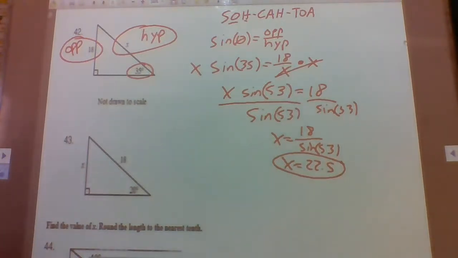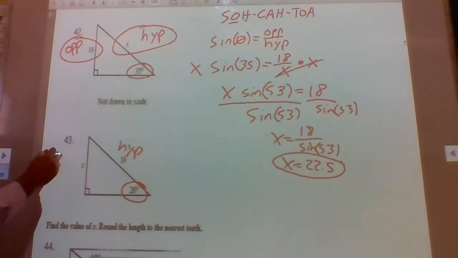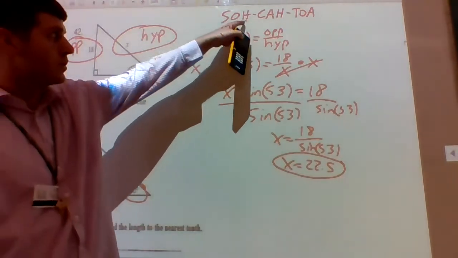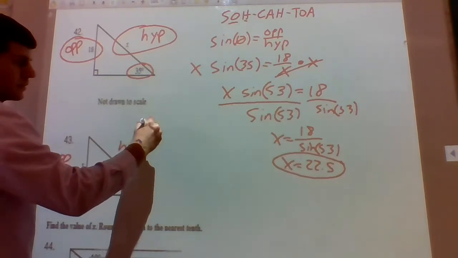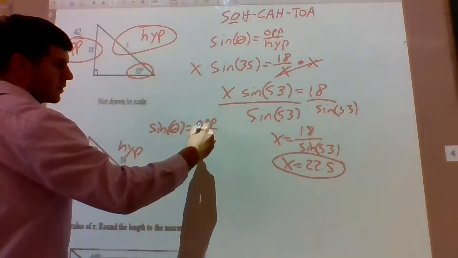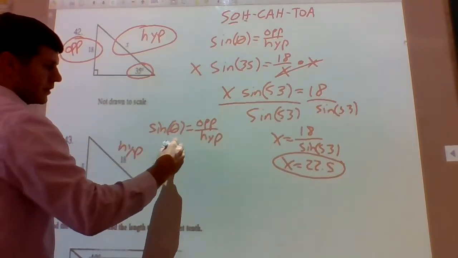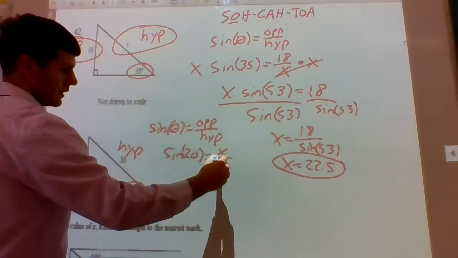This one here, label the hypotenuse first, circle the angle. This is going to be opposite. It's across, so it's opposite. Adjacent is next to. We don't have anything there. We have opposite and hypotenuse, so again we're going to use SOH, sine, opposite over hypotenuse. So sine theta equals opposite over hypotenuse. The sine of 20 is going to equal opposite, which is x, over hypotenuse, 18.